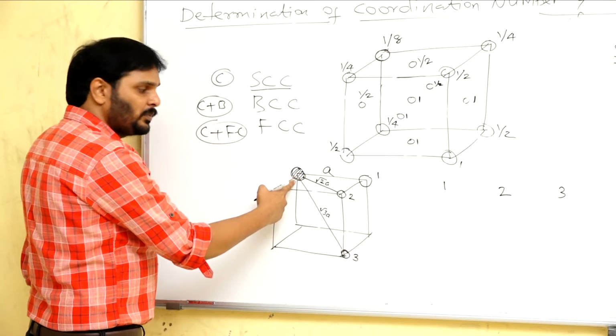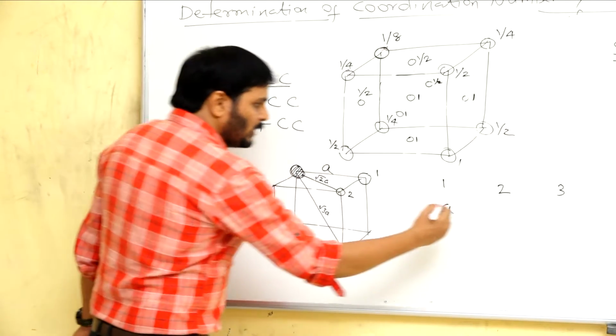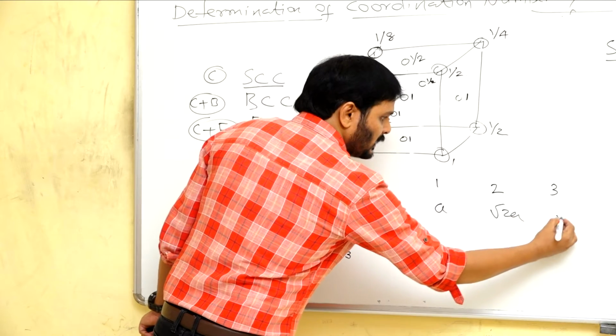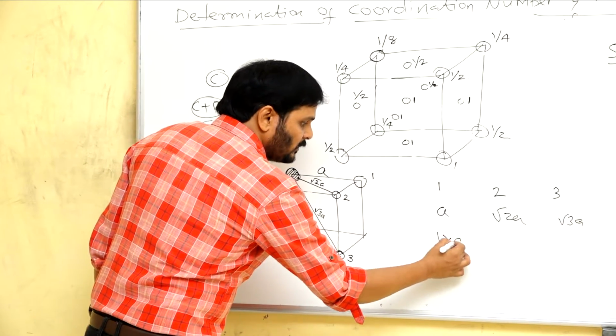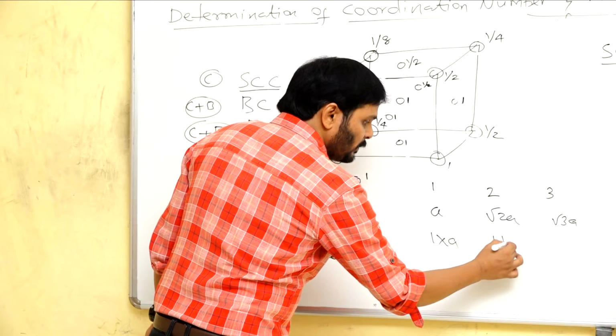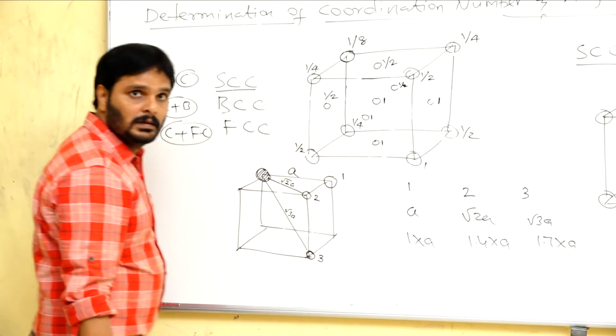To this reference point, the distance is a, then root 2 a, and here root 3 a, that is 1 times a, 1.4 times a, and 1.7 times a.